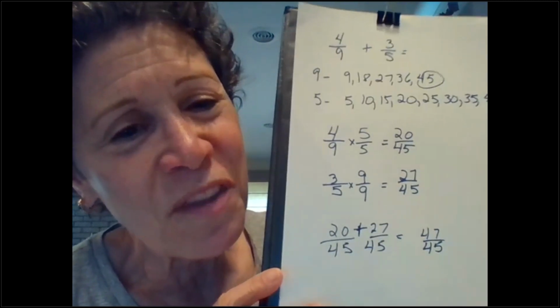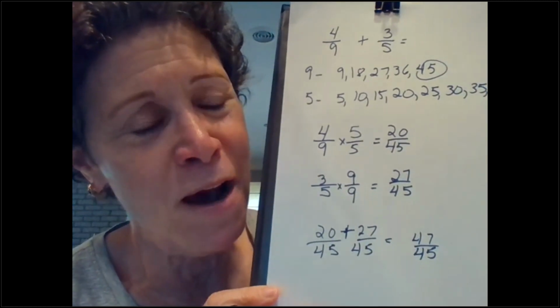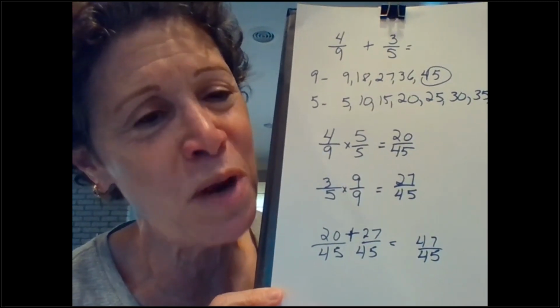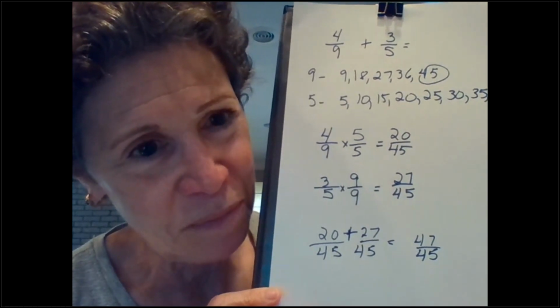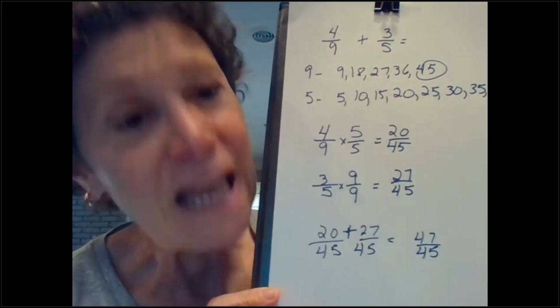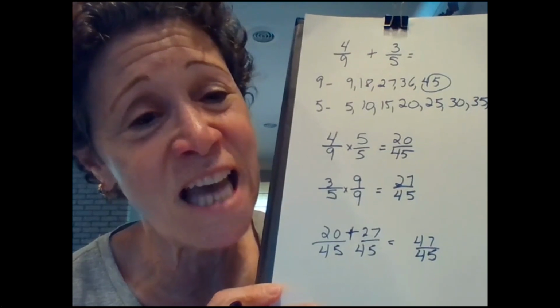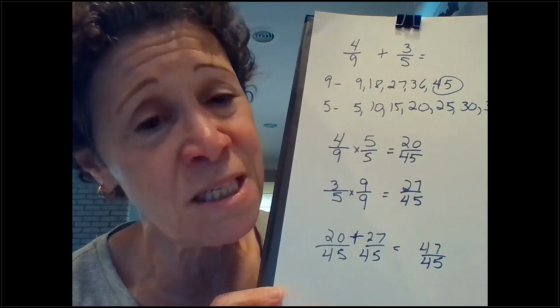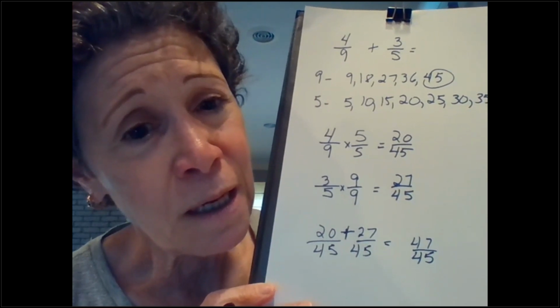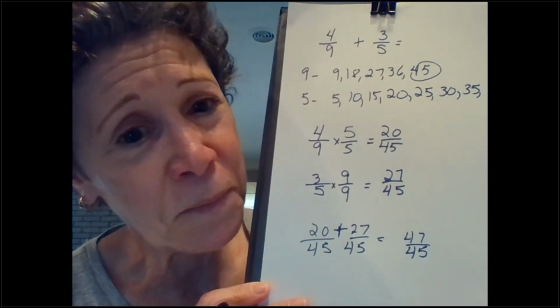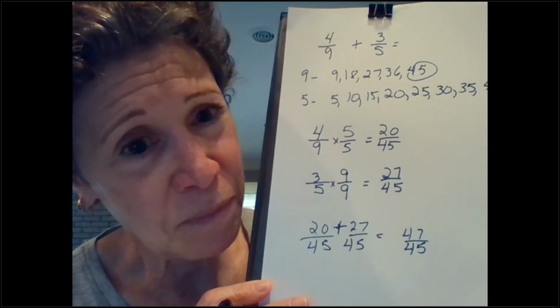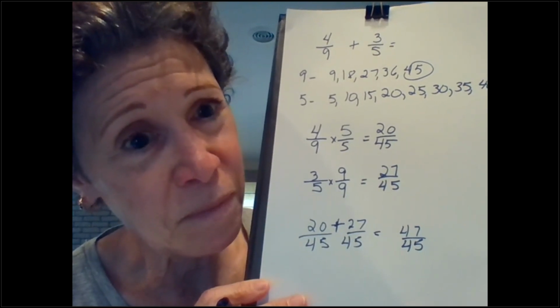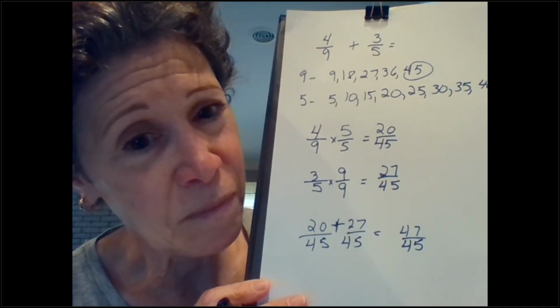Okay, so what do you know about a fraction where the numerator is greater than the denominator? It is an improper fraction. Exactly. So can you turn this into a mixed number? Yes. Do you divide 45 by 47?